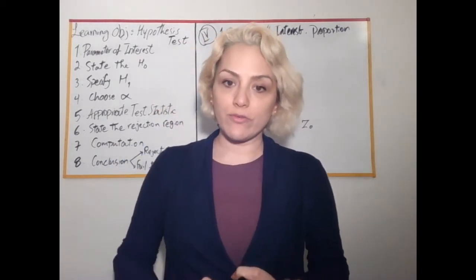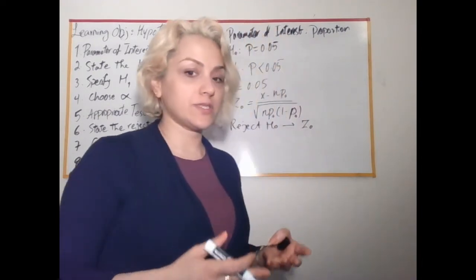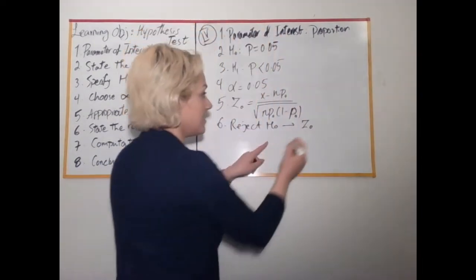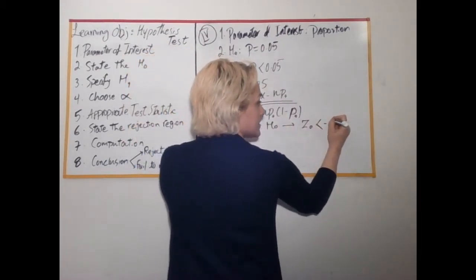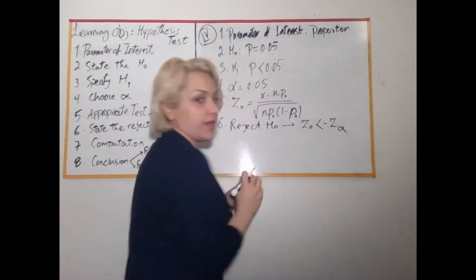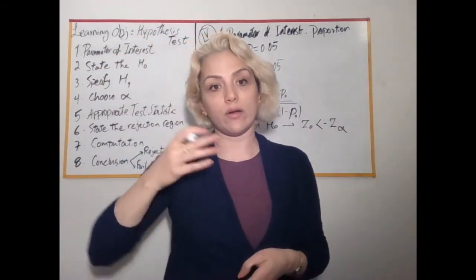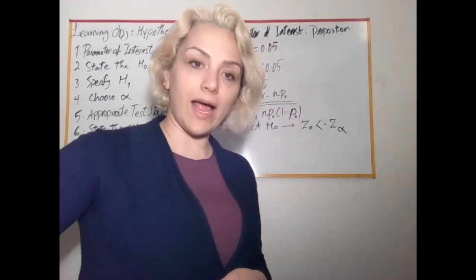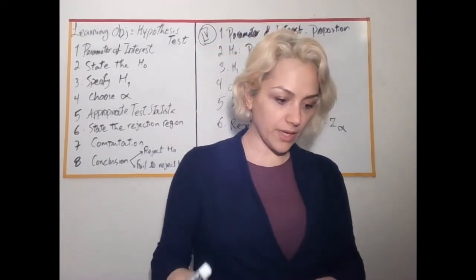So when we are looking for the rejection criteria, we would say if our Z null is less than minus Z of the alpha, which is 0.05. And so we need to go to the Z table and read the value of Z for the alpha.